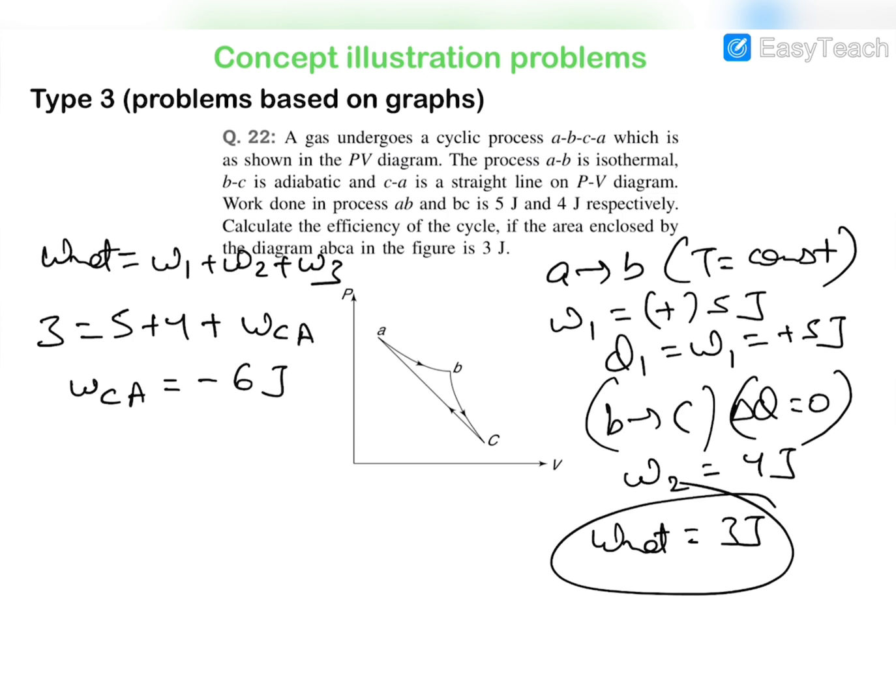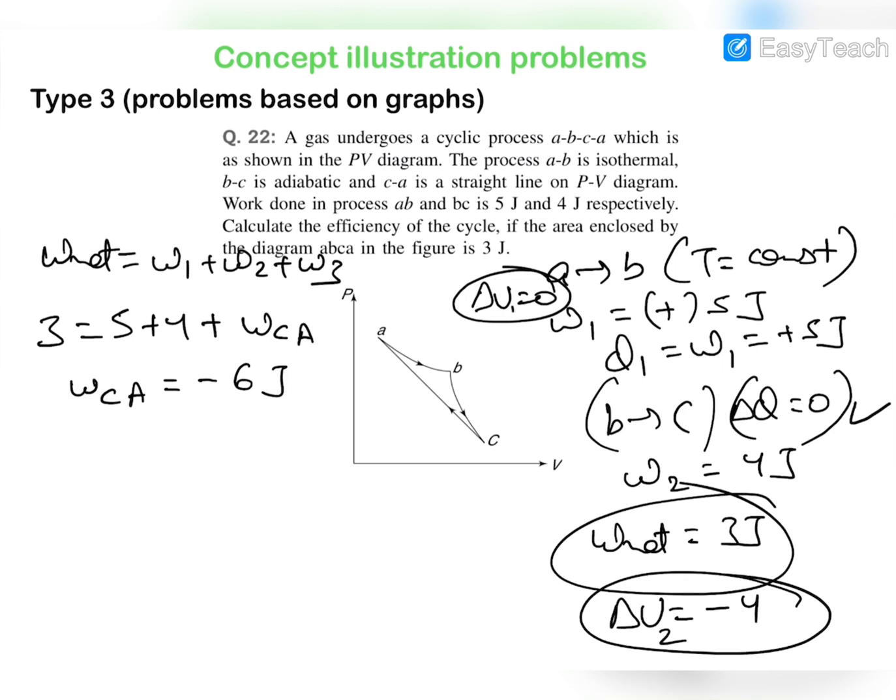Now we have to find out whether the temperature is increasing or decreasing, and that we can find out by the calculation of delta U. We know that in the first process delta U is 0 because it is an isothermal process. In the second process, delta U will be equal to minus of work done, which is minus 4 joule because it is an adiabatic process.